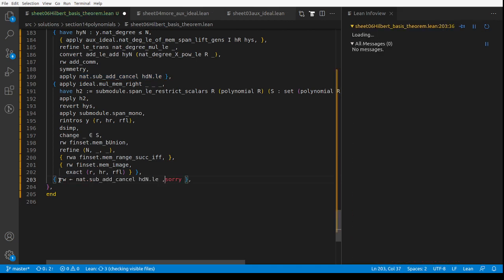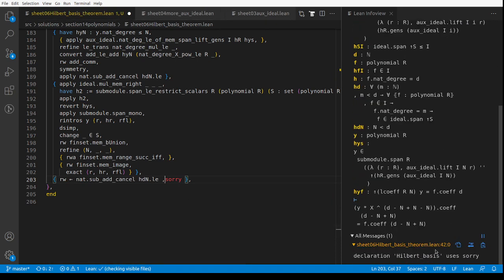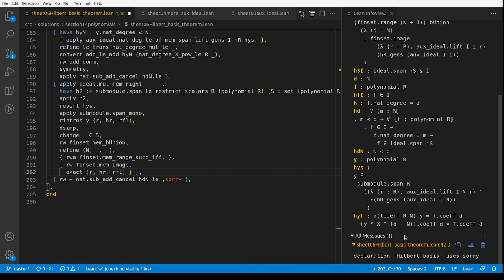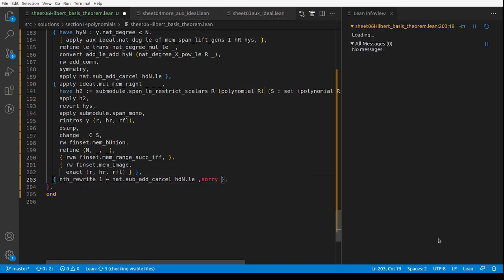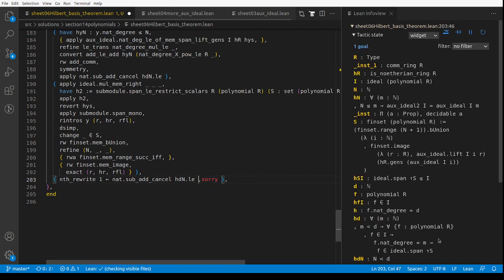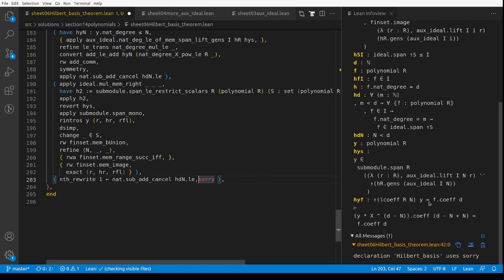Is this going to go horribly wrong? Yeah, it's rewritten too many. I just want to rewrite the second one. So let's use n3 right. N3 right the first one, because we start counting at 0. And now, right, this looks good.